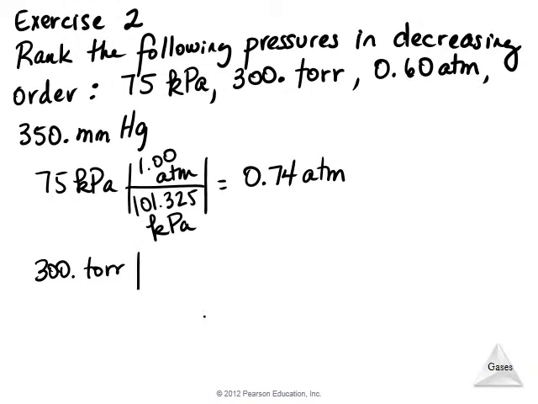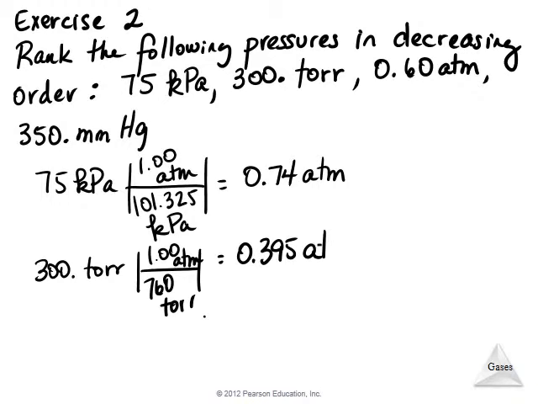And if I take 300 torr and convert that to atmospheres, I know that 1 atmosphere is 760 torr, and so 300 divided by 760 is 0.395 atmospheres. I'm going to have 3 significant figures there because of that decimal place after the 300 on the torr. Okay?